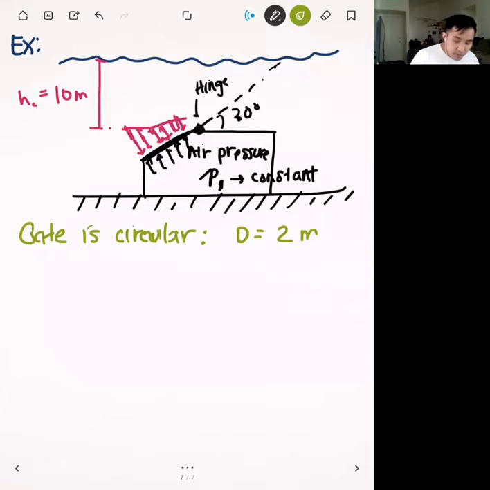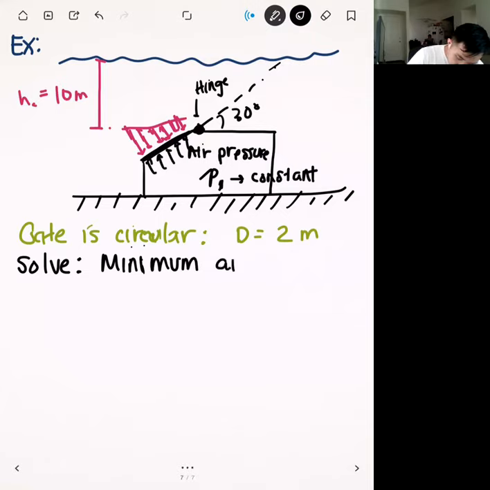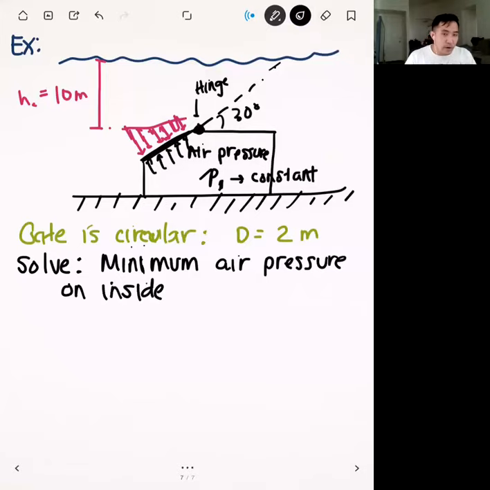And so what we want to determine is the minimum air pressure on the inside that would be required to open the gate.